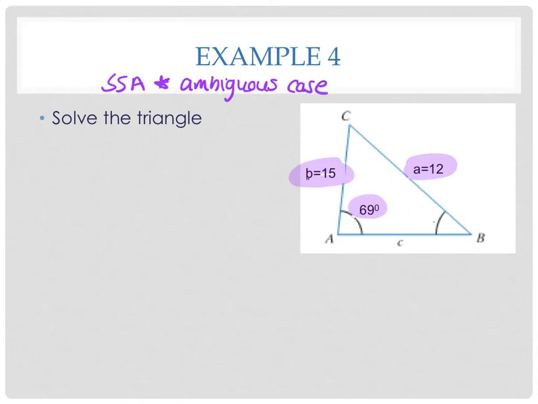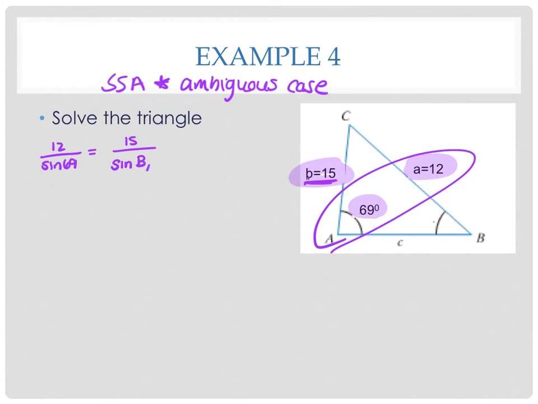So I'm going to start exactly the same way. I have full A's. So I'm going to do 12 over the sine of 69 equals, now I have B, which is 15, over the sine of B1. So we're going to call it B1 because we're going to assume there's a second triangle.